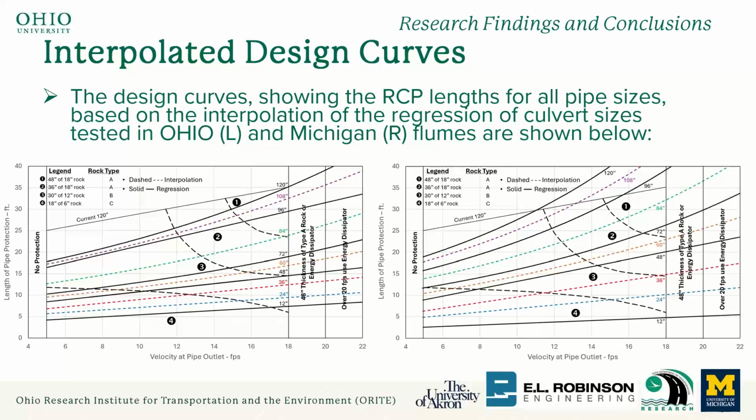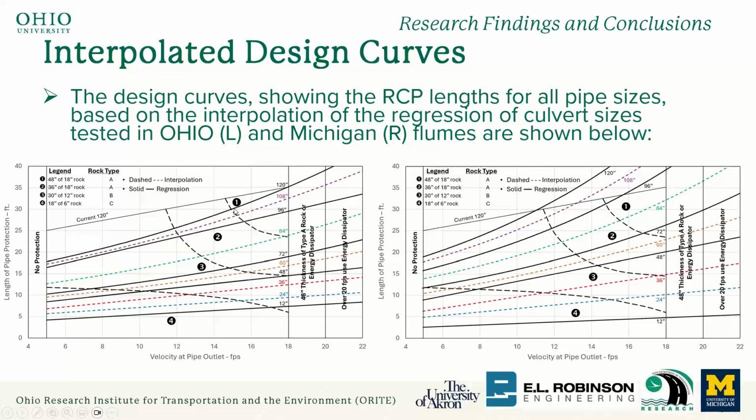So using our curve that we developed, we also interpolate the remaining culvert sizes. So the one on the left is from OU. So we have those solid dark lines.